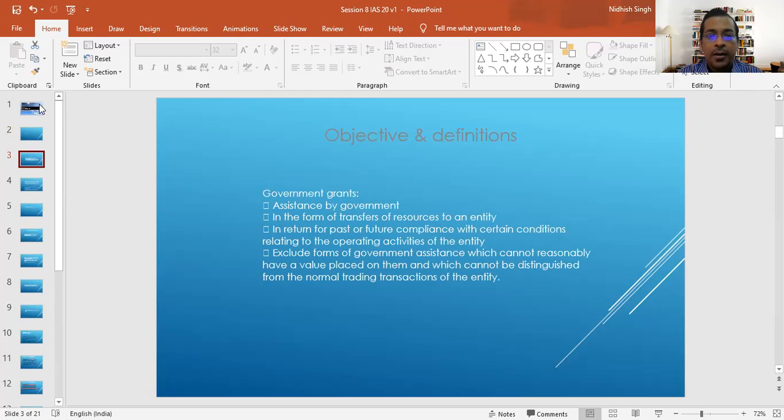So government grants, as we discussed, is assistance by government in the form of transfer of resources to an entity, and it could be in return for past or future compliance with certain conditions.